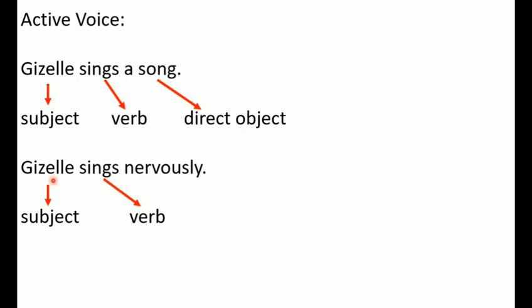Kasi if you are going to ask the question what, Giselle sings what, there is no answer. So, since there is no direct object, we cannot transform this into a passive voice. Only sentence with the action verb and with the direct object can be converted into passive voice.